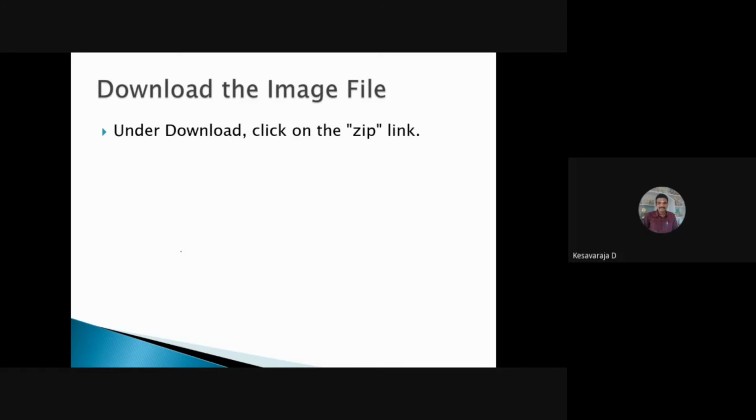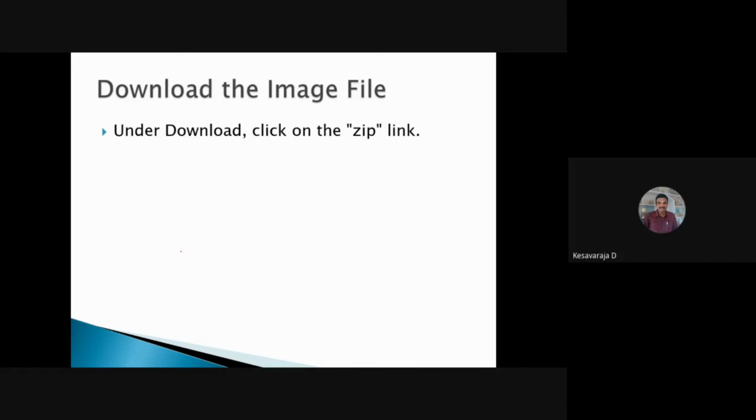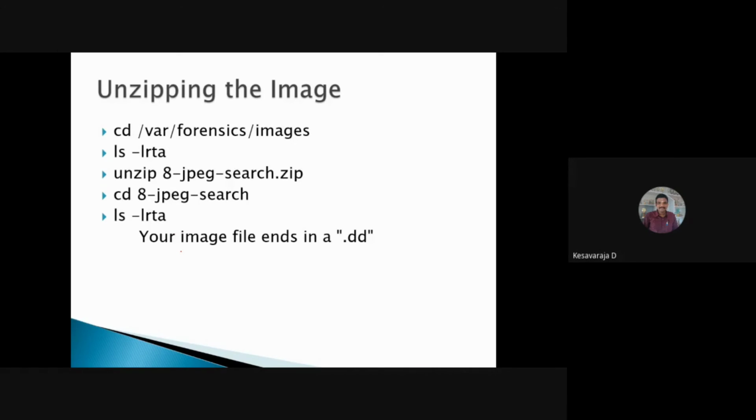The image is always in a compressed file, so I download it as a zip file. On that website, there are numerous images available. I'm downloading 8.jpg. The image is in a zip file, so I can extract it.